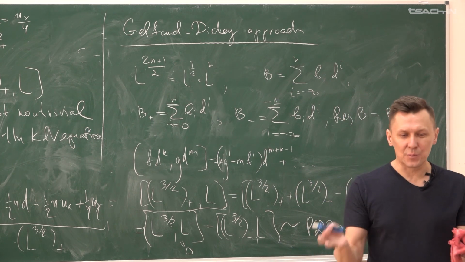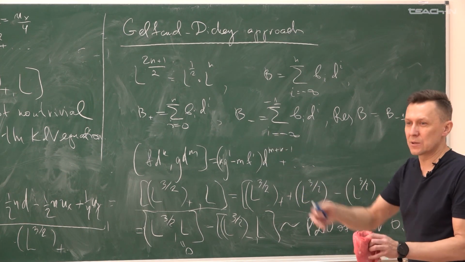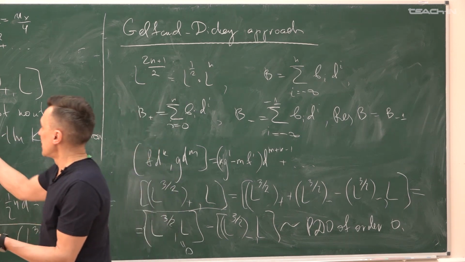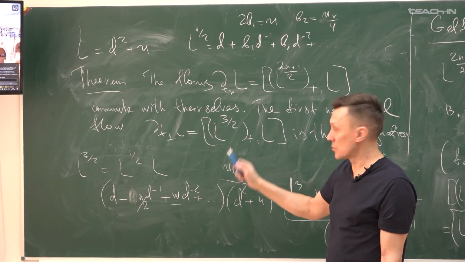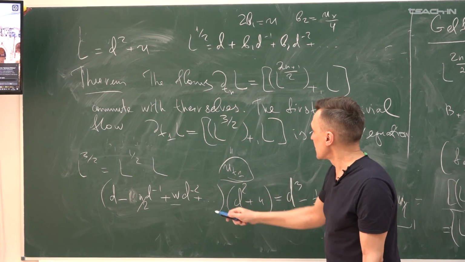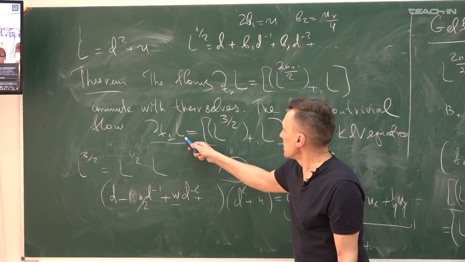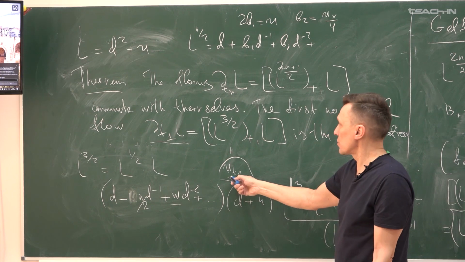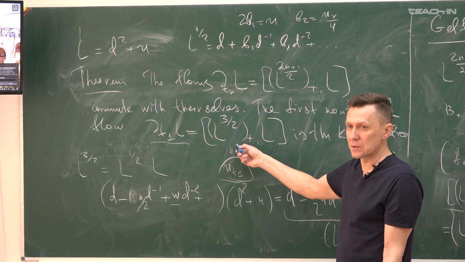So this play with positive and negative part here is very efficient in many questions. So you see, we calculate something strange, but it appears a differential operator of order 0. So it is just some derivation. So it is LT1, dt1 of L. So it should be a differential operator of order 0, and it does.